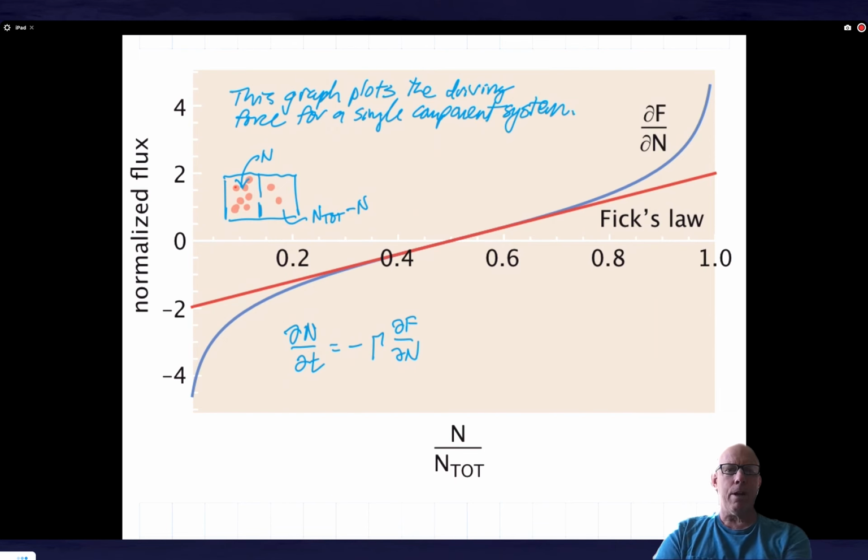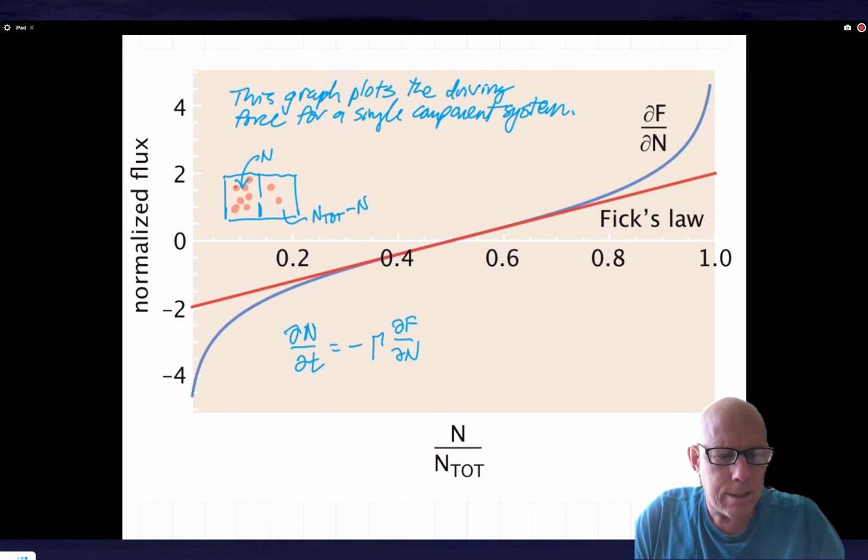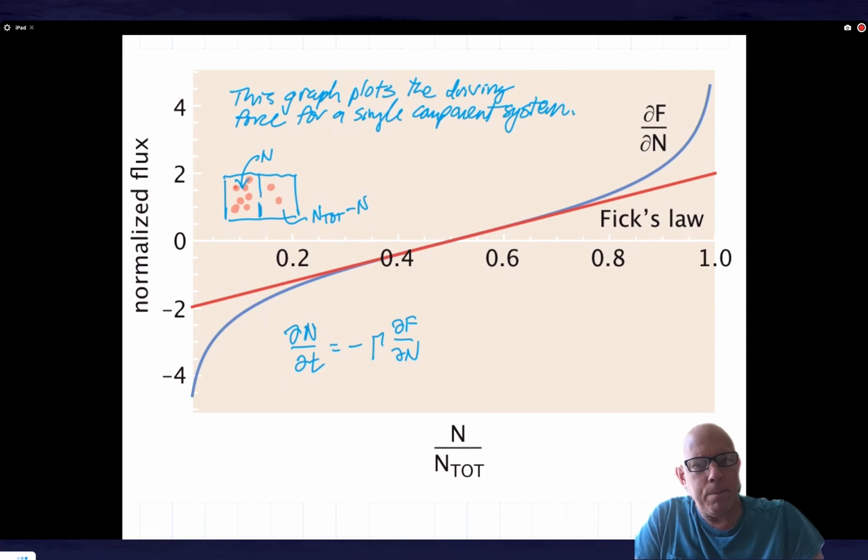This is going to be very important for us when we think about the consumption of fuel, such as ATP or membrane gradients, because those gradients basically drive processes in the direction of minimizing the free energy. And so we can use precisely this dynamics.